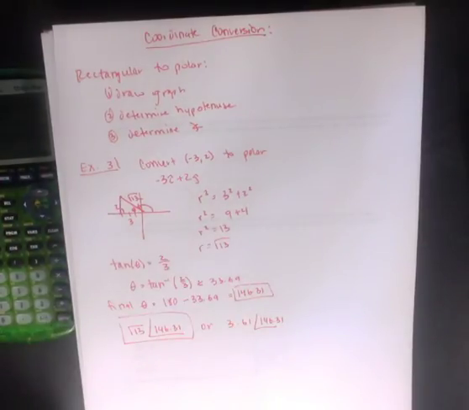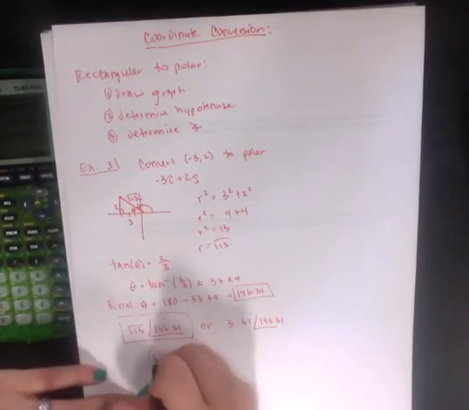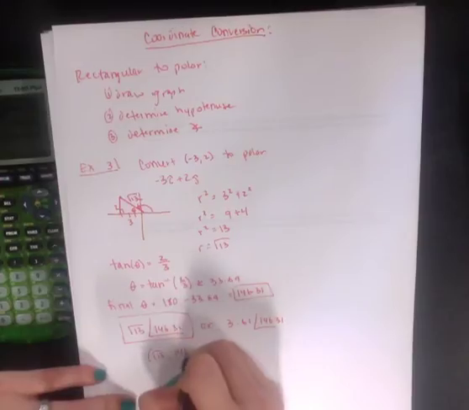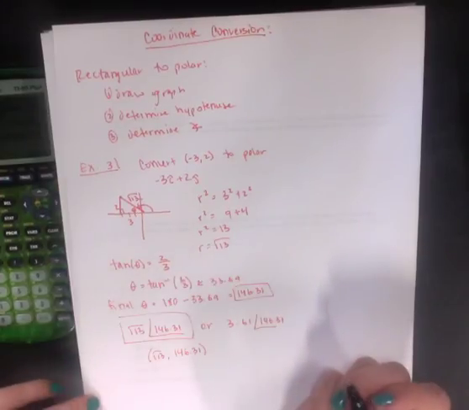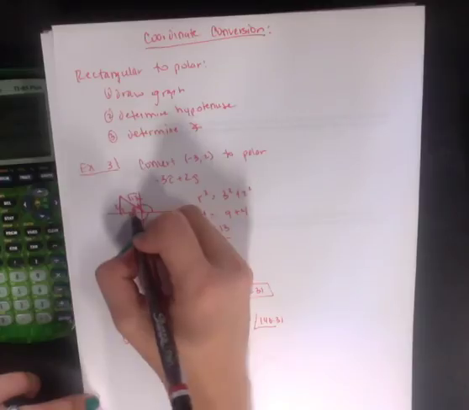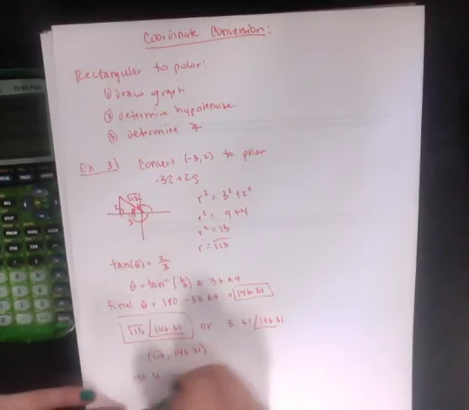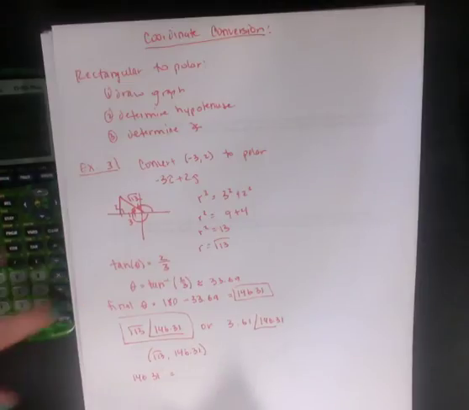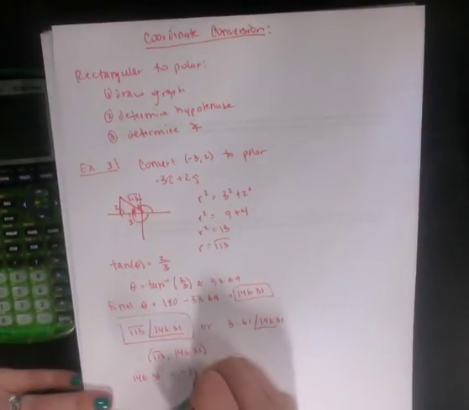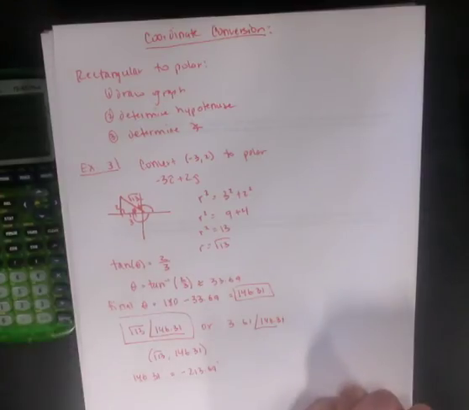Okay, now something else that we are going to talk about is there are different forms of our polar coordinates. We can write it also as the square root of 13, 146.31. We can also look at the negative angle. 146.31 degrees is the same thing as negative 213.69 degrees.